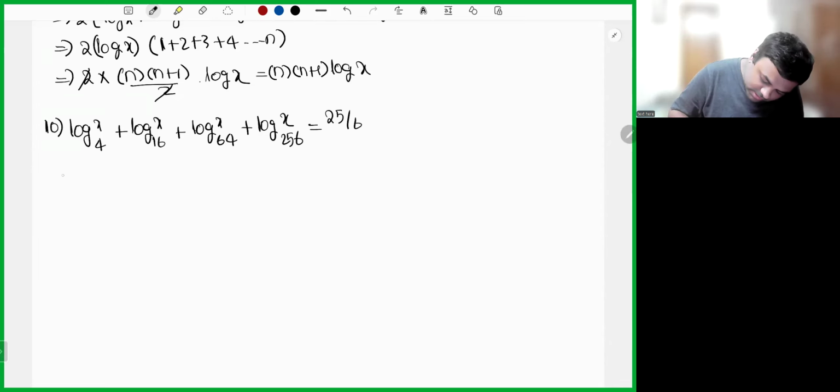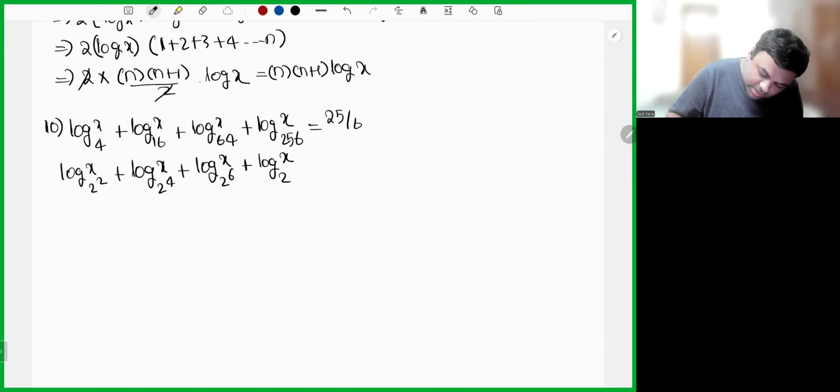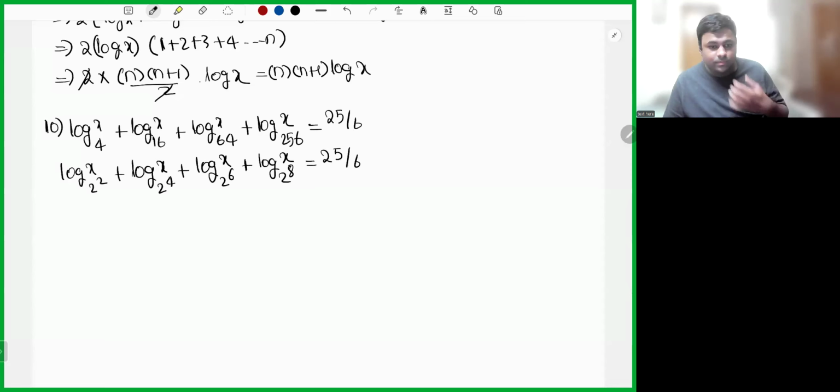Now, log x, 4 can I write it as 2 square? Yes, sir. Plus log x, 16 can I write it as 2 power 4? Yes, sir. 64 can I write it as 2 power 6? Yes, sir. 256 can I write it as 2 power 8? Yes, sir. 25 by 6.